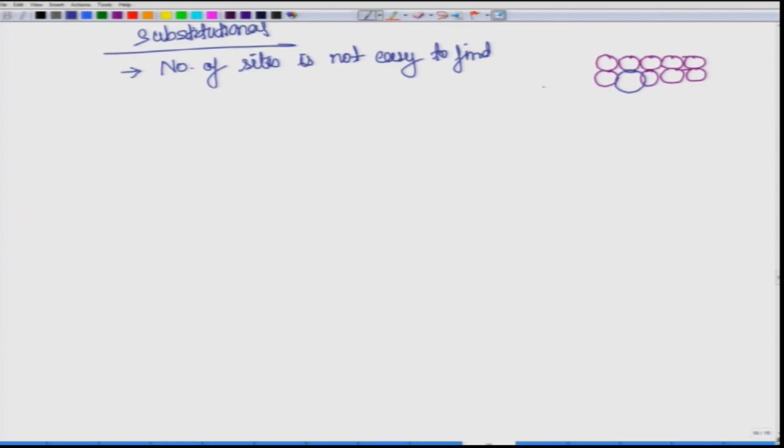Let us say this is a large atom. So, this is when you have a larger substitutional atom. The other case can be, it is not that only larger atoms will create a strain, even a smaller one can create a strain. So, let us say we have a smaller atom over here, something like this. So, this will enforce other atoms to move and take that extra space, and this itself will also cause strain in the matrix.